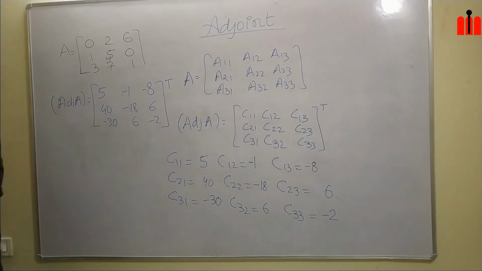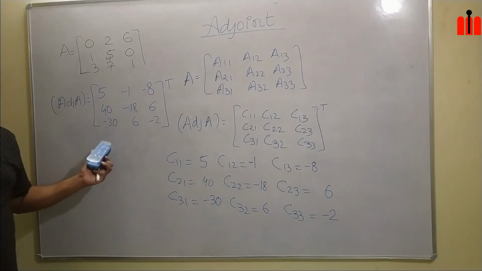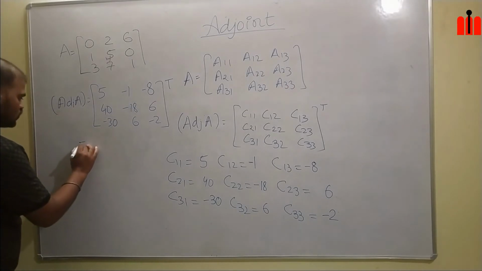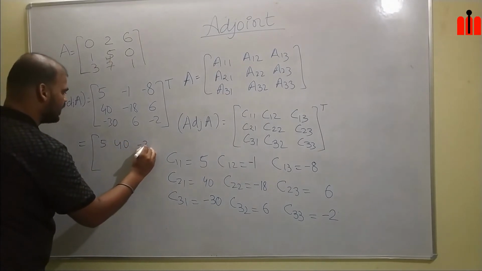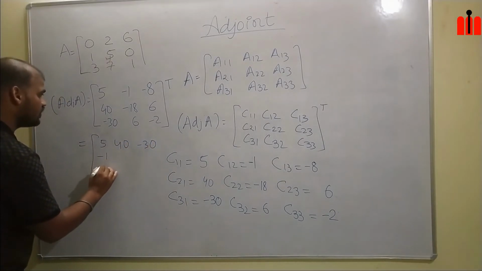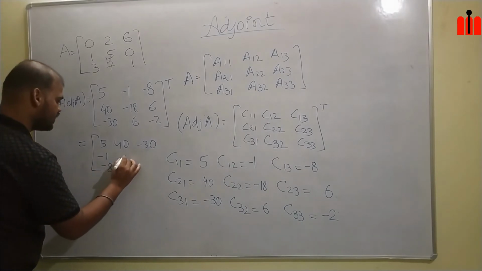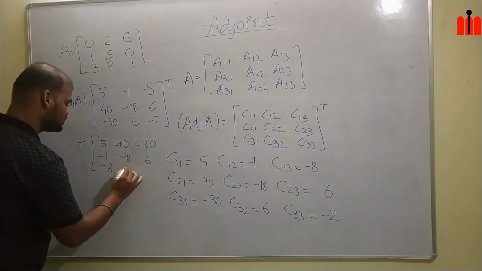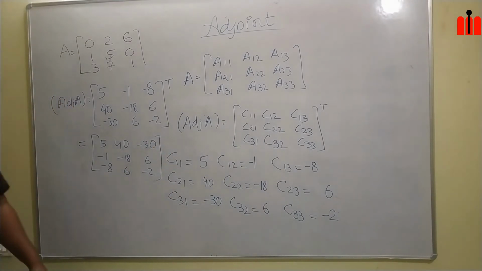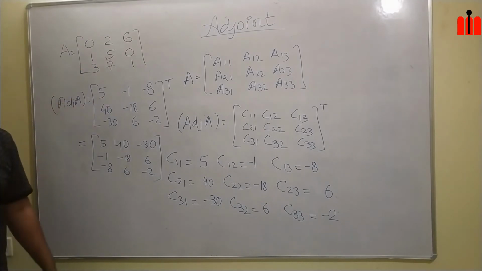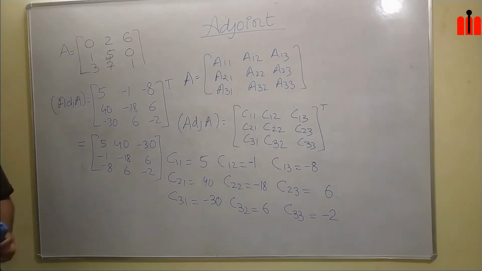Once we perform the transpose, rows will become columns and columns will become rows. So it will be 5, 40, minus 30, minus 1, minus 8, minus 18, 6, 6, minus 2. Right? So this will be my adjoint for this matrix. So this is how we need to find the adjoint.